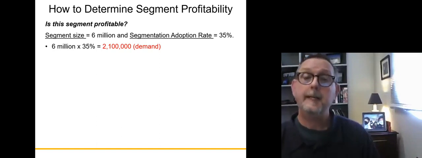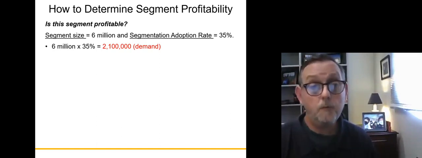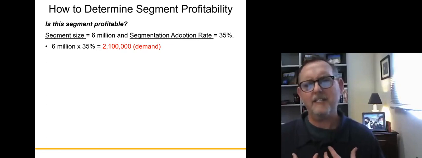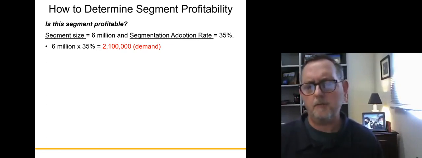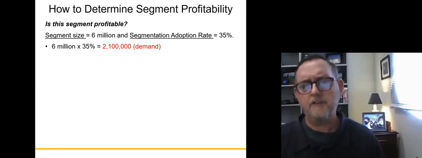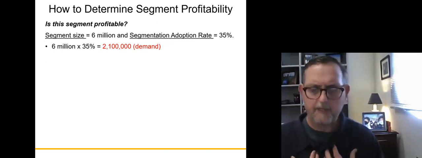Okay, so our segment size is 6 million, and the adoption rate was 35%. So 2.1 million would be our estimated number of units that will be sold. Now, we may not sell all of those, just depending on how you set up the problem. This could be a 35% adoption rate for the industry. It's probably not a 35% adoption rate for my specific product.